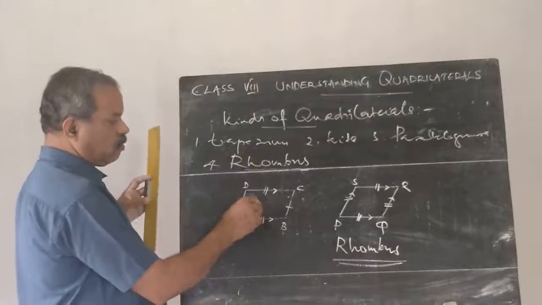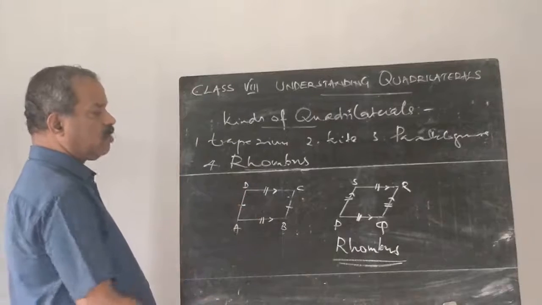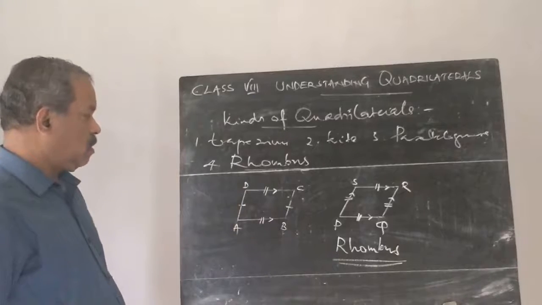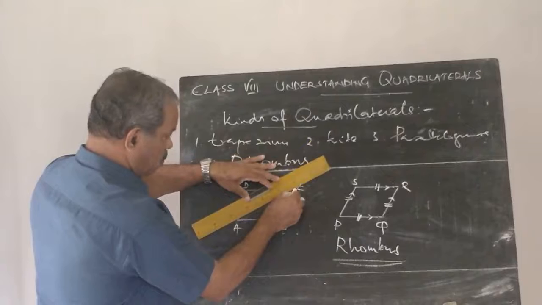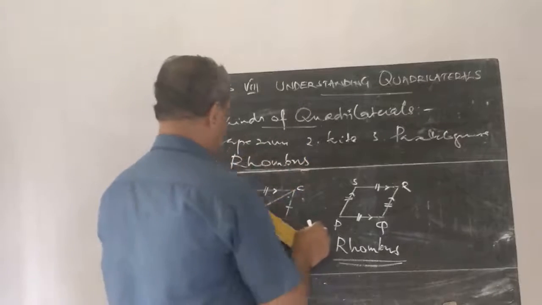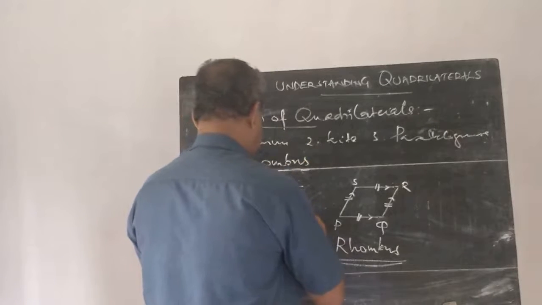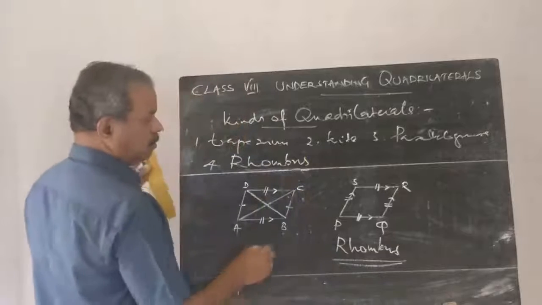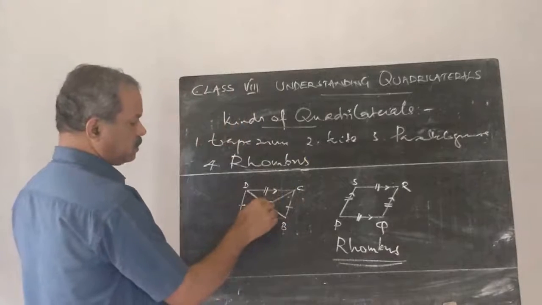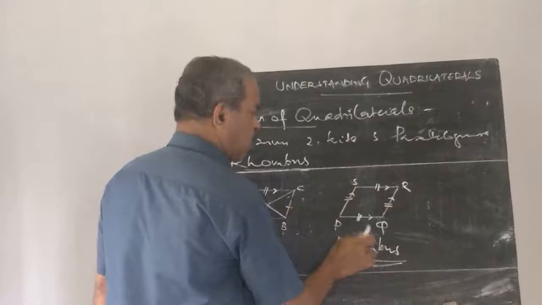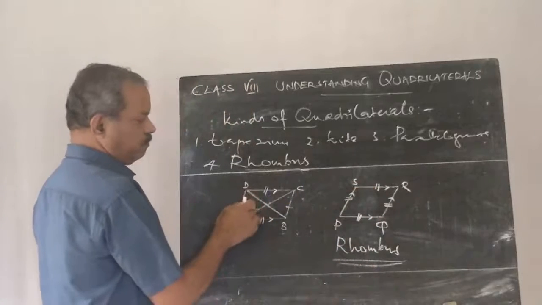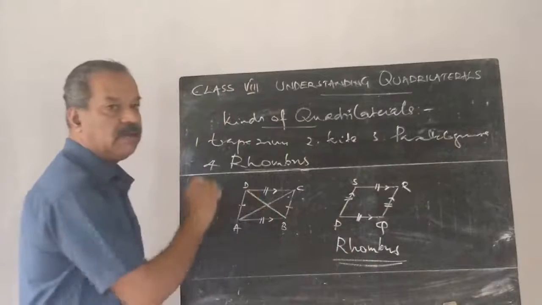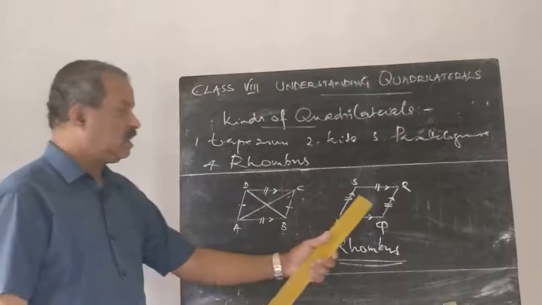We know the fourth property is diagonals of a parallelogram bisect each other. Since a rhombus is a parallelogram, it satisfies all the properties of a parallelogram.